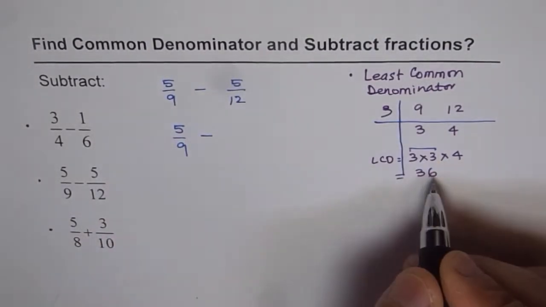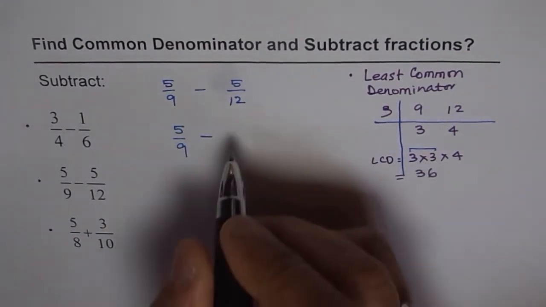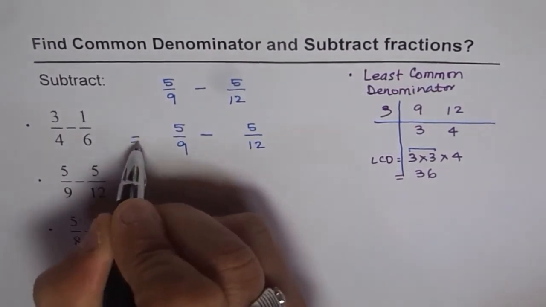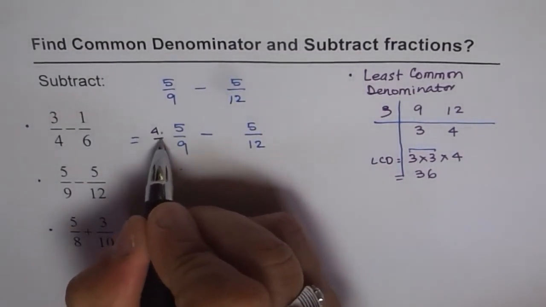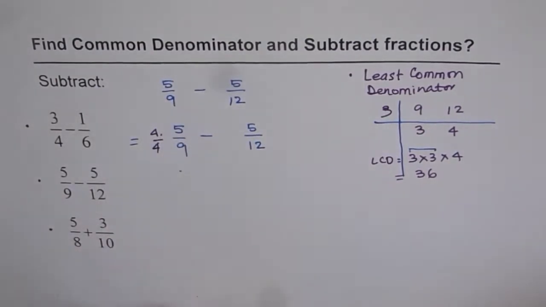So common denominator, you can see from here which factor is missing. Multiply with that missing factor, and then you get what is required. So to make 9 as 36, we have to multiply them by 4, both numerator and denominator. Then we get equivalent fractions, correct?